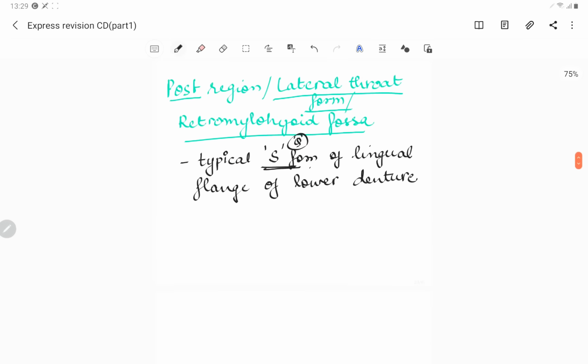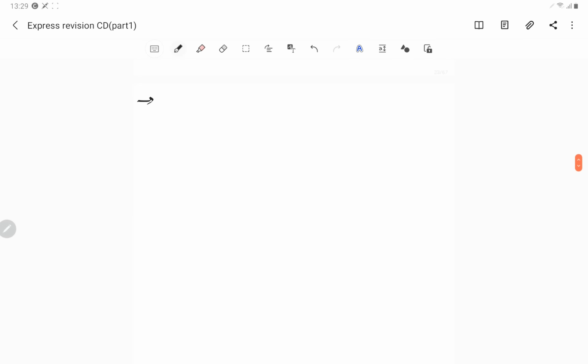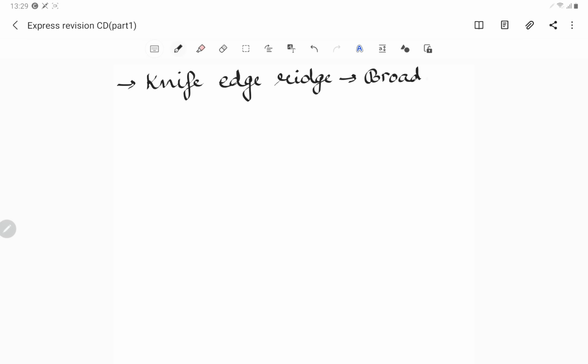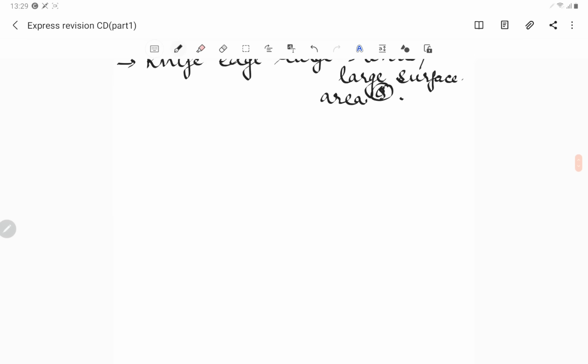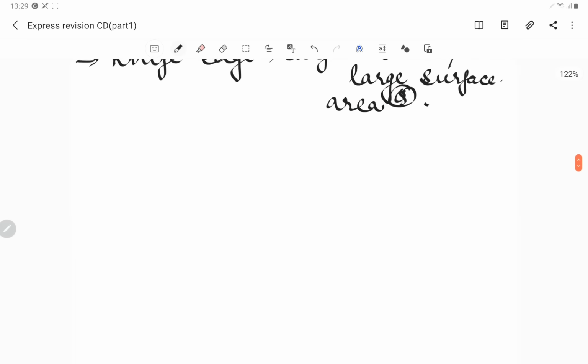Now in people with a knife edge ridge, there should be a broad surface area because we want to distribute the forces. So a large surface area should be covered by the denture to distribute the occlusal load, right. Then there is no suction in the mandibular denture. Like the maxillary denture, there is retention.